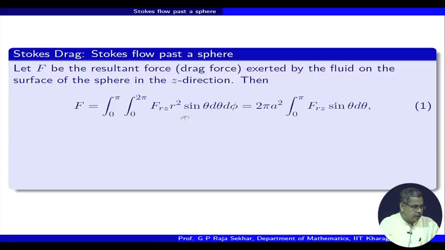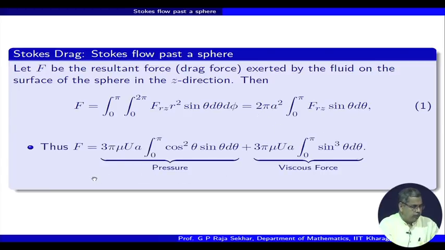Due to axisymmetry, this is independent of phi. So, I have pulled r squared as a squared, and the variation of phi is 2 pi. So, we have this, and this can be integrated.